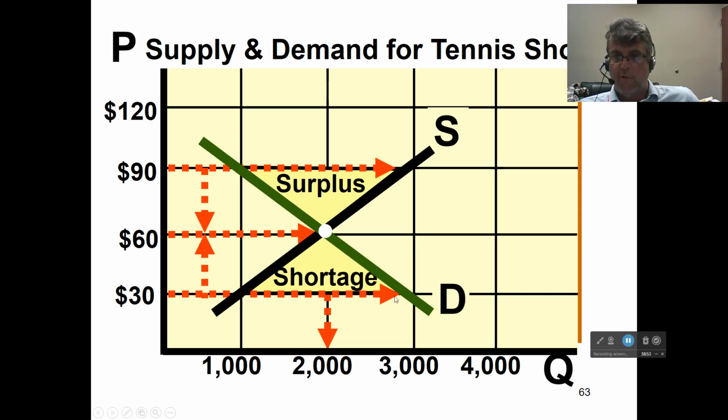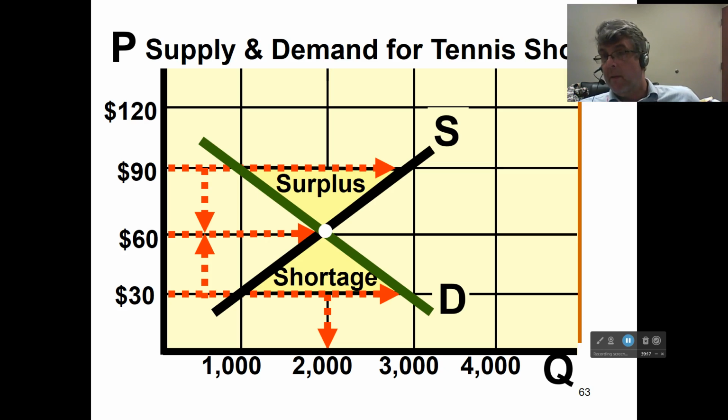And the opposite occurs during a shortage. If we charge too little for them, quantity demanded is greater than quantity supplied. That causes a shortage of 2,000 pairs of shoes per month. Nike will realize I can still sell all these shoes and raise the price. Why not? As they raise the price, quantity supplied increases, quantity demanded decreases, and that eliminates the shortage, forces us back towards equilibrium.